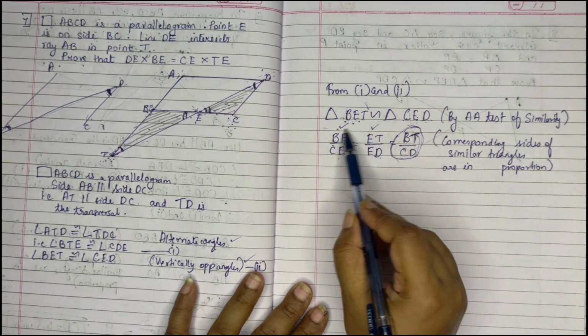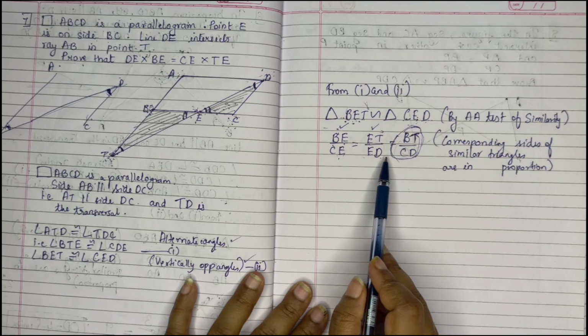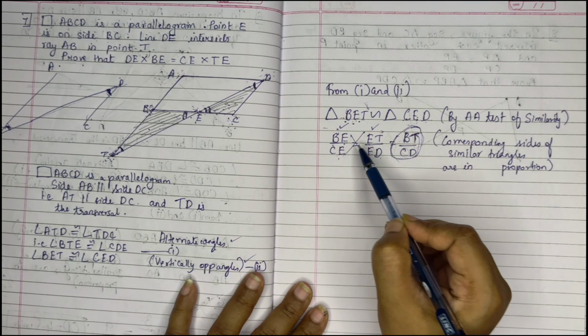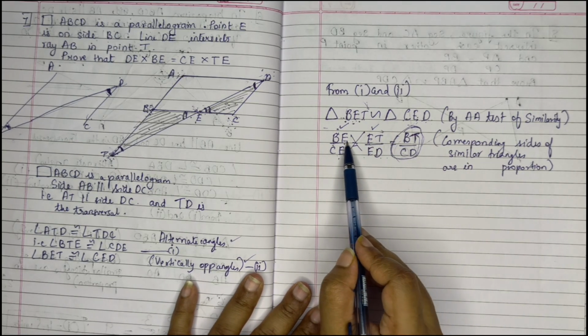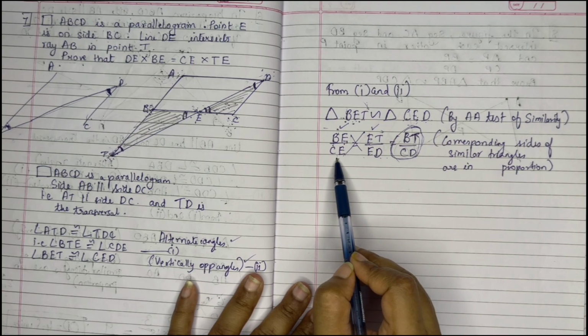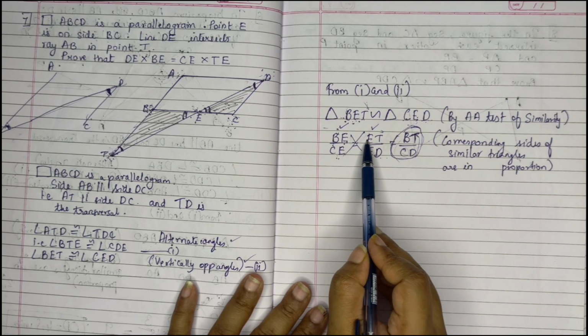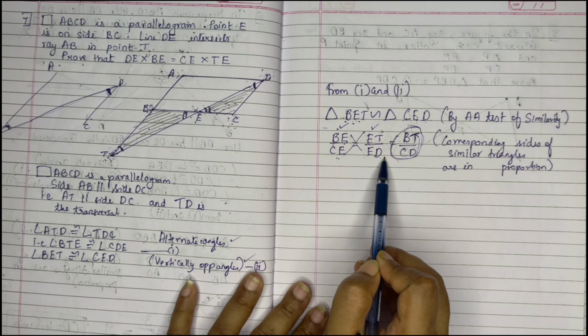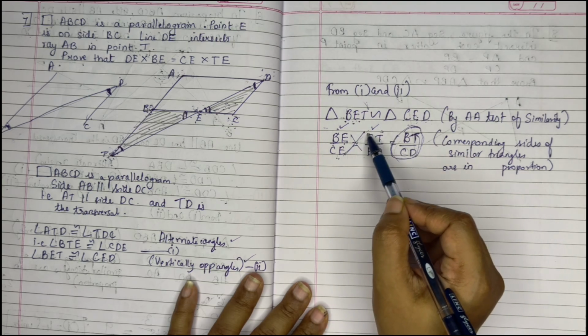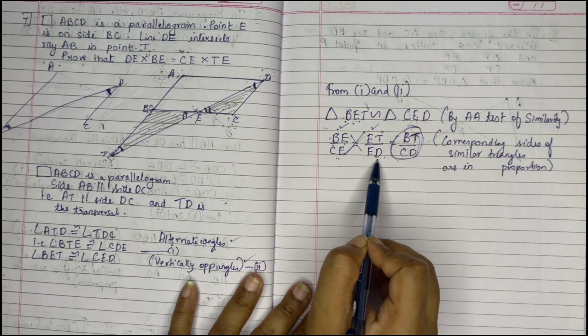We will only take these two corresponding sides and we will cross multiply. Okay, so BE upon CE is equal to ET upon ED. Now when you cross multiply this, you will get BE into ED.